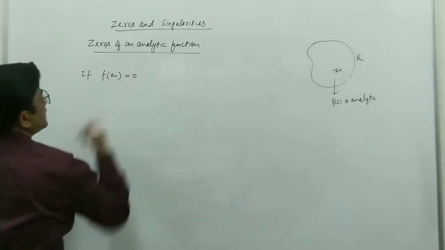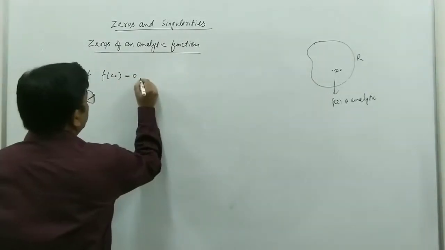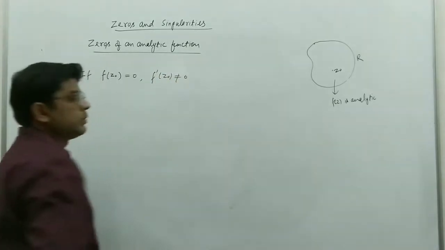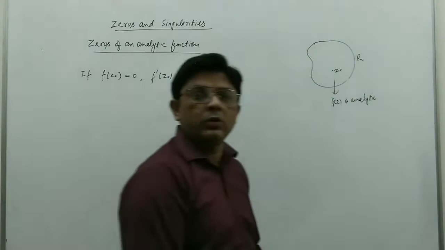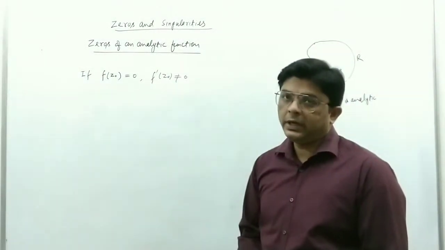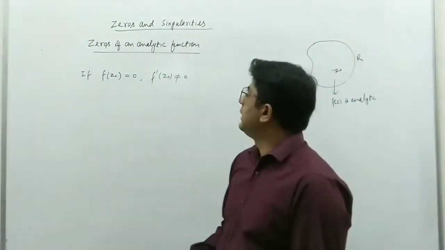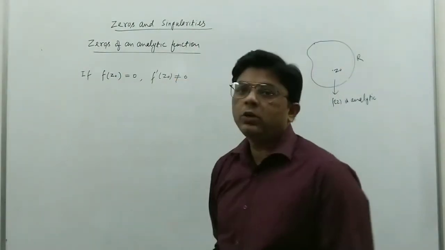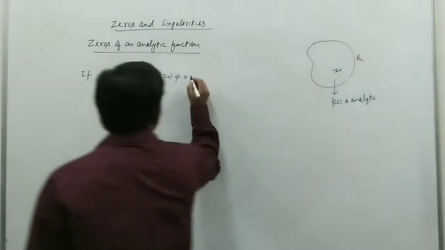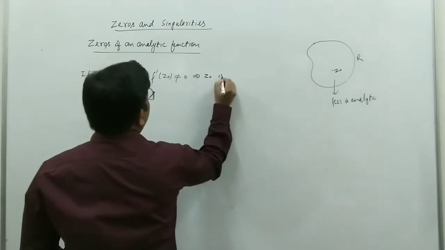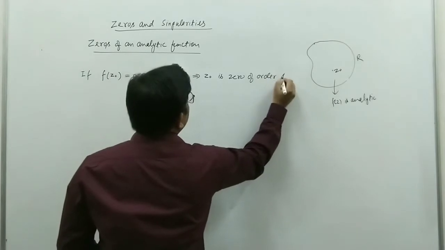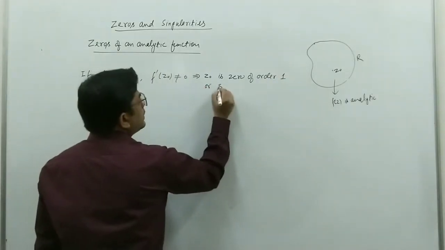If f at z0 is 0, but f dash at z0 is not equal to 0, it means the function is 0 at z0, but when we differentiate this function, then this will not be 0. If this is not 0 at z0, then we say that the point z0 is a zero of order 1, or we also say that it is a simple zero.